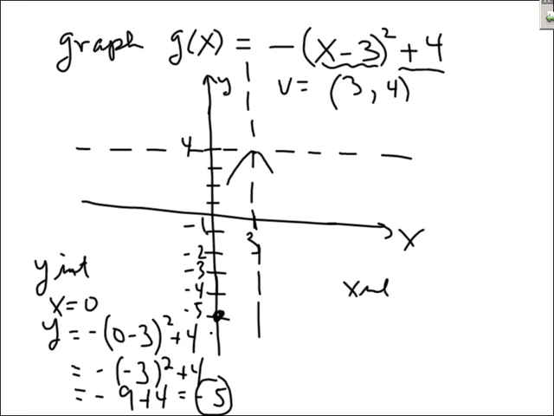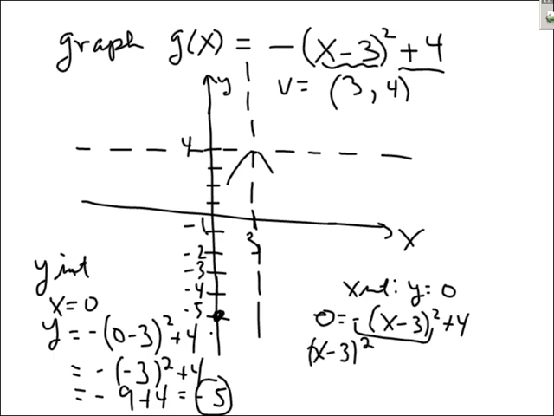The x-intercept, that's where y is 0. So 0 is negative x minus 3 squared plus 4. I'll bring this to the left side. It'll become positive x minus 3 squared plus 4. Well, what do you square to get 4? We're squaring this and we're getting 4.